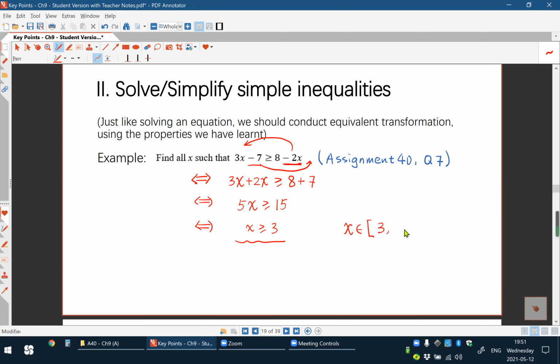All right. So for example, if you have a solution like x is greater than 2, this is equivalent to x belongs to the interval 2 to positive infinity. You understand this? These are just two different notations. Okay, you can choose either of them. Any questions?